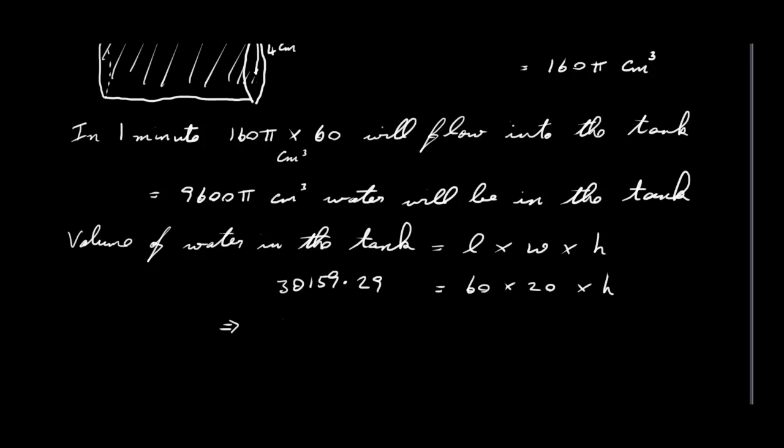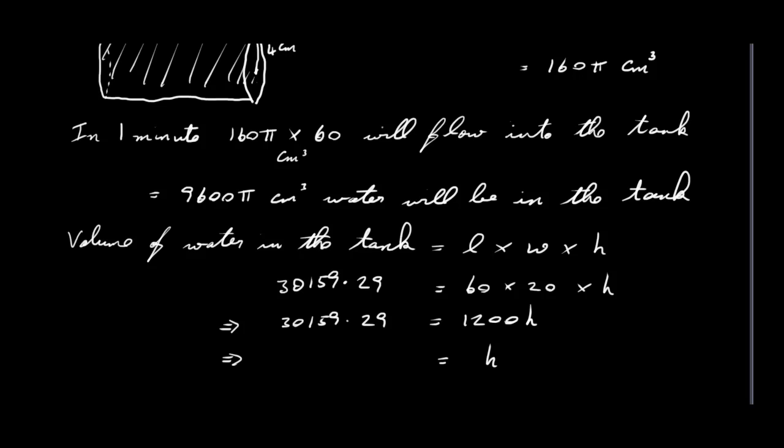So we have 30,159.29 is equal to 20 times 60, which is 1,200, times h. Finally then, our h here will be 30,159.29 divided by 1,200.